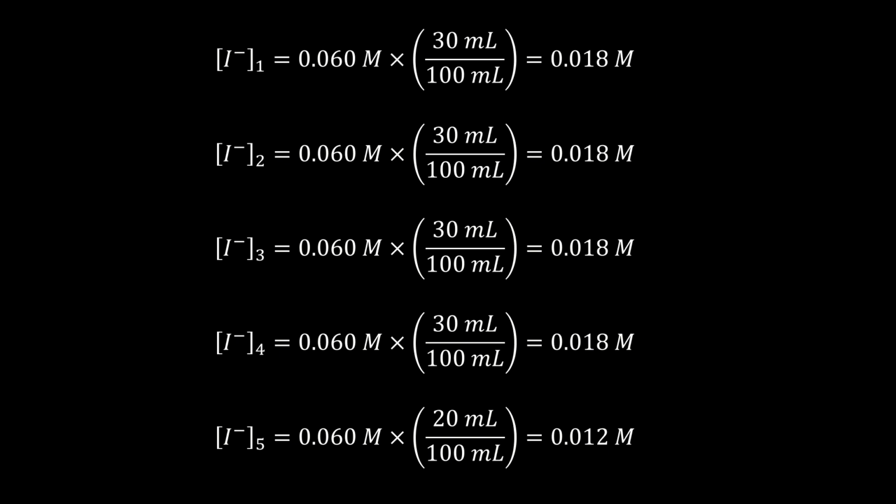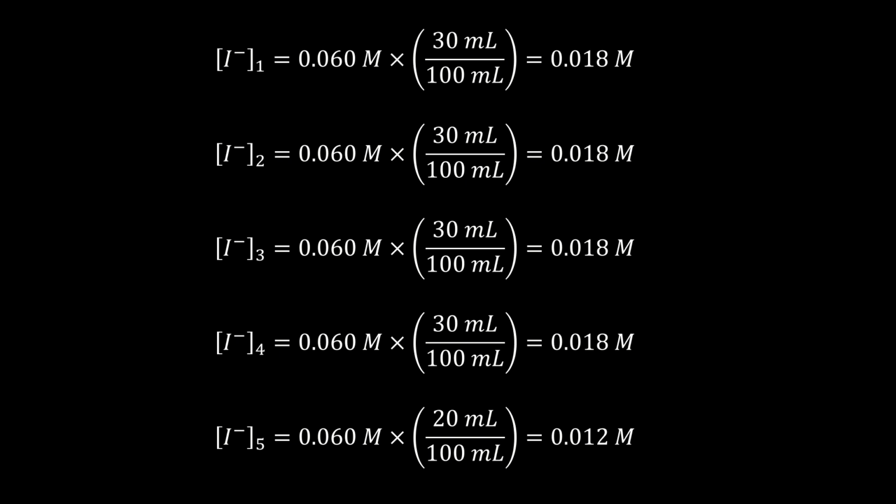Now, similarly, we can calculate the initial concentration of I minus. In our chart we're working with potassium iodide, which, as it breaks up, is in a 1-to-1 ratio of potassium ions and iodide ions. So our concentration, 0.06 molar of KI, can really be taken as 0.06 molar of I minus, our initial iodide concentration.